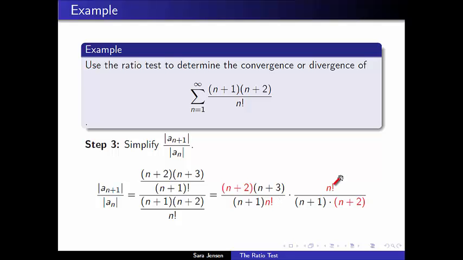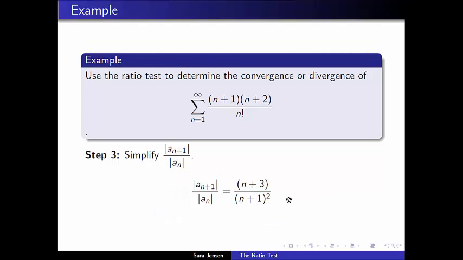These two terms should cancel. Once I've done all of that canceling, this expression becomes a lot easier than it looked initially. It simplifies down all the way to n plus 3 divided by the quantity n plus 1 squared.